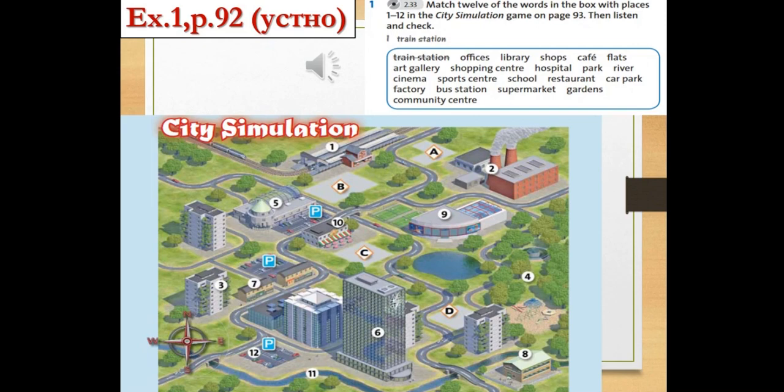Offices. 7. Shops. 8. School. 9. Sports centre. 10. Restaurant. 11. River. 12. Car park.